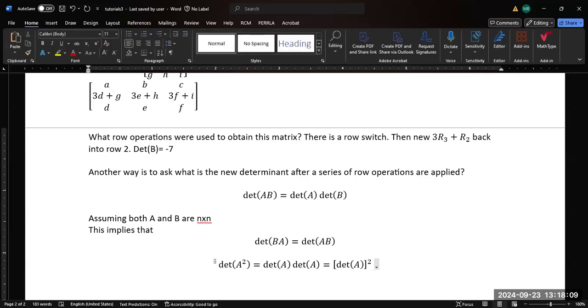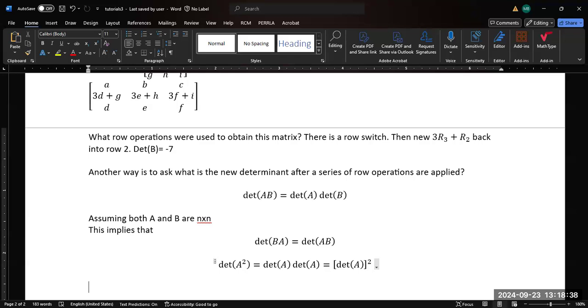You can keep breaking this down into any power you want through a process of induction. The determinant of A cubed would be A squared times A. That'll get you the determinant of A, quantity cubed, and so on and so forth. So the powers of the matrix are just going to raise the power of the determinant as well.